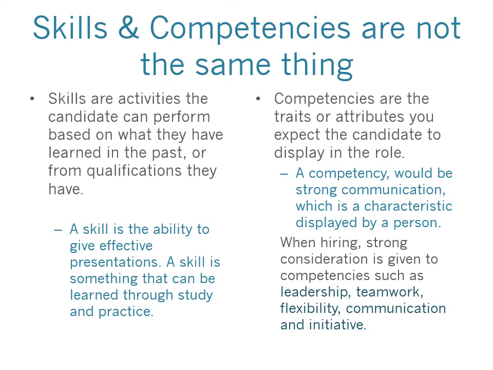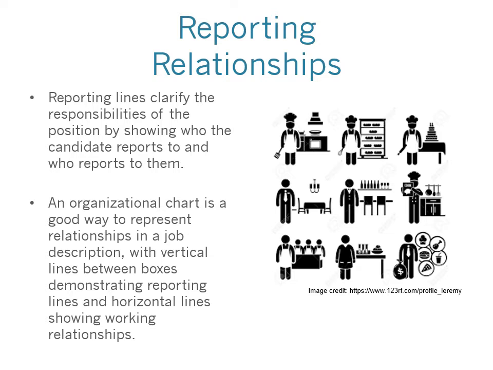Together, these skills and competencies help paint a picture of who would be successful in the job that we're recruiting for. A job description will also have an indication of the reporting relationships associated with a particular role. Okay, this is essentially where responsibilities lie and who has some authority over you, or who your boss is, right?